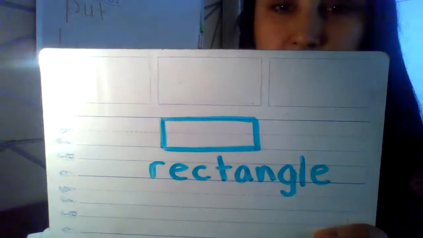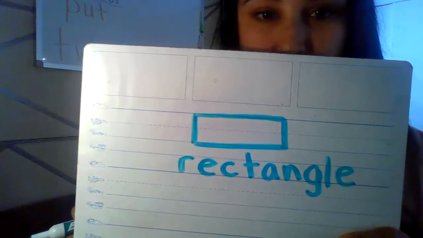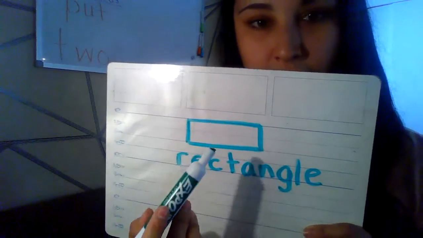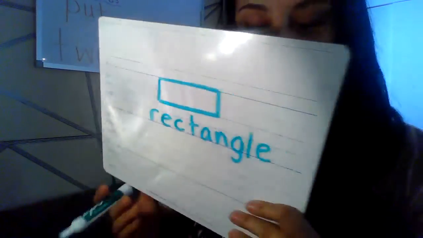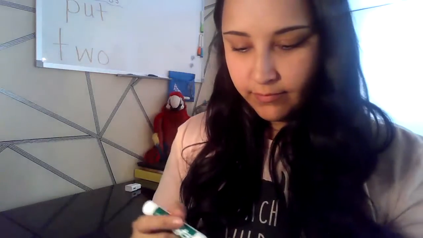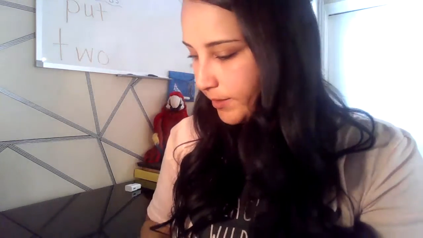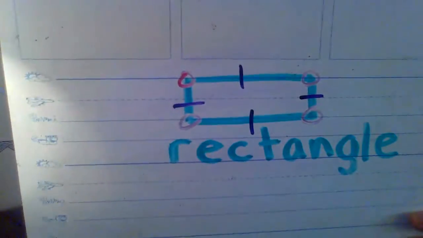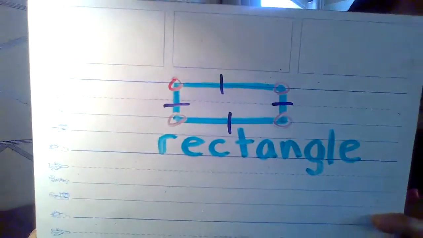And a rectangle is different from a square because it has 2 short sides and 2 long sides. But it also does have 4 sides, and 4 corners. I hope you guys can see them.